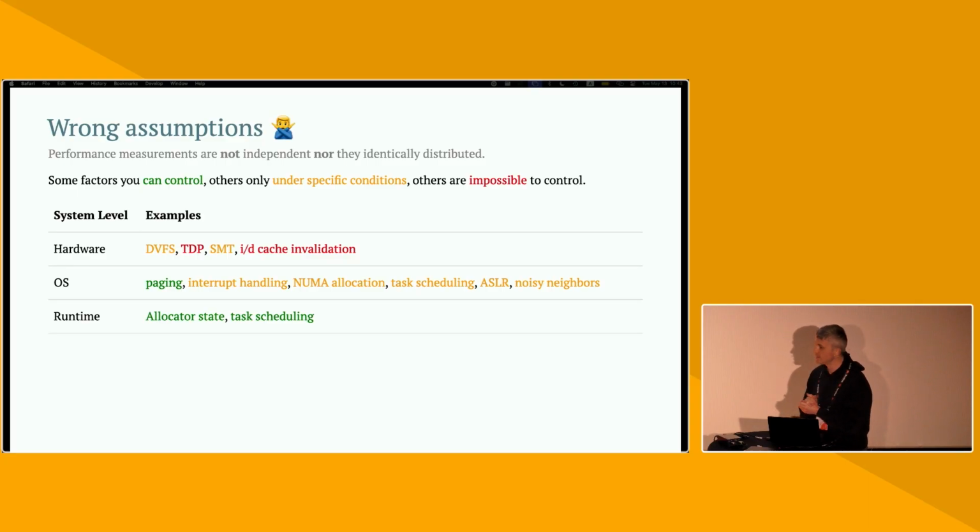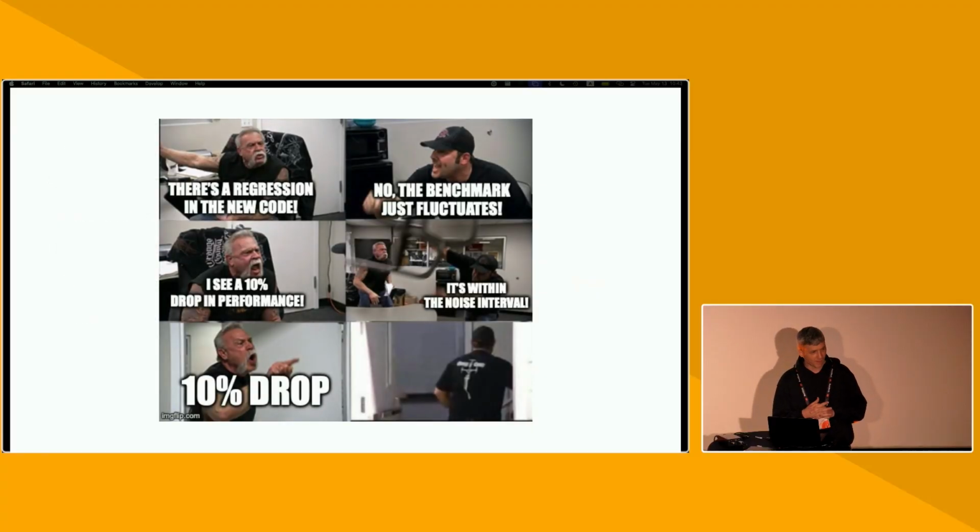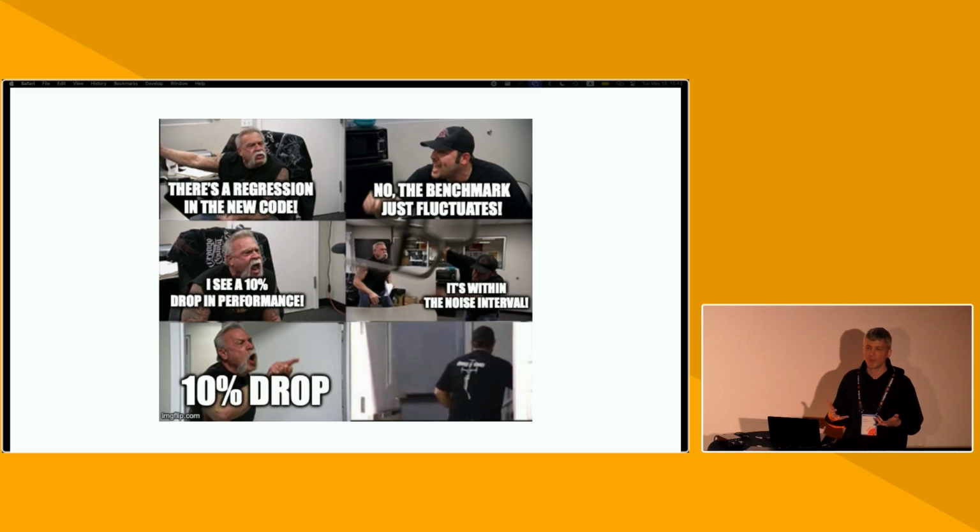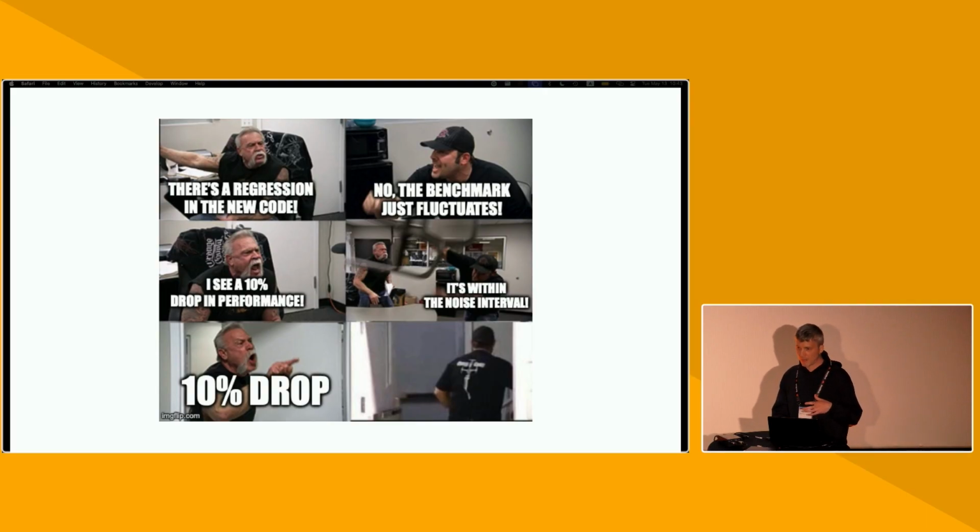And all this leads to a lot of silly situations where it feels like you're chasing ghosts. You're trying to measure some performance, you see a difference, but now it's not there again. What's happening, right? So how do we tackle this challenge today? How do we try to approach it?